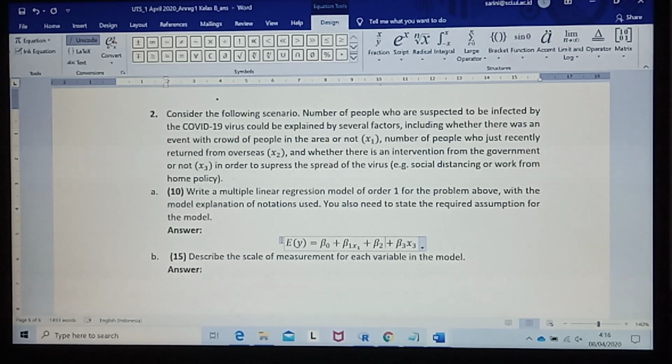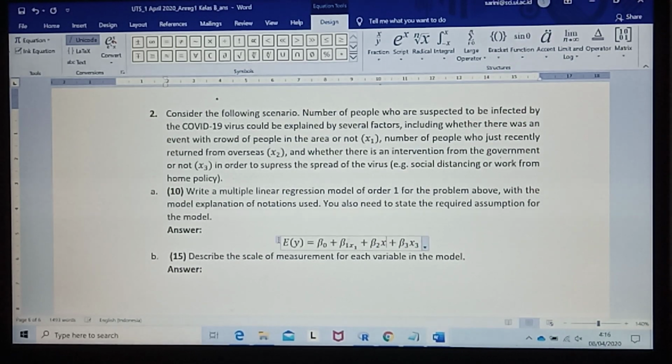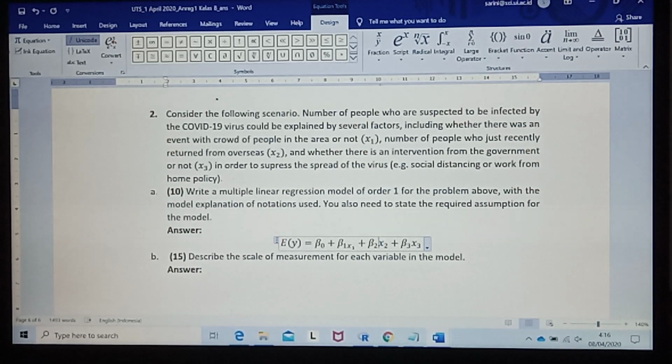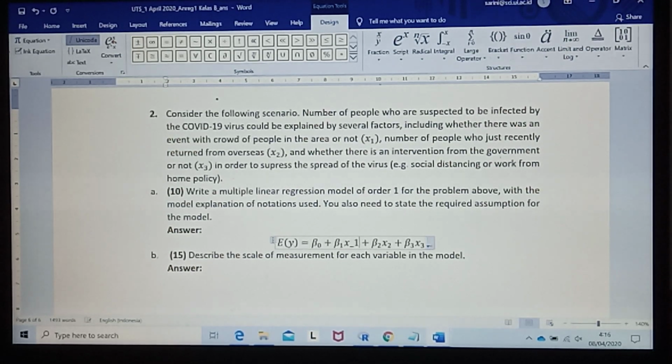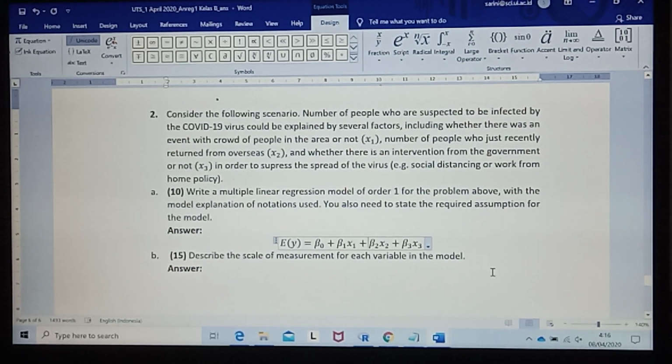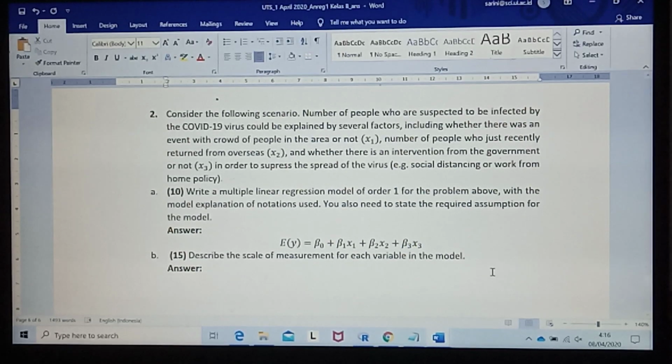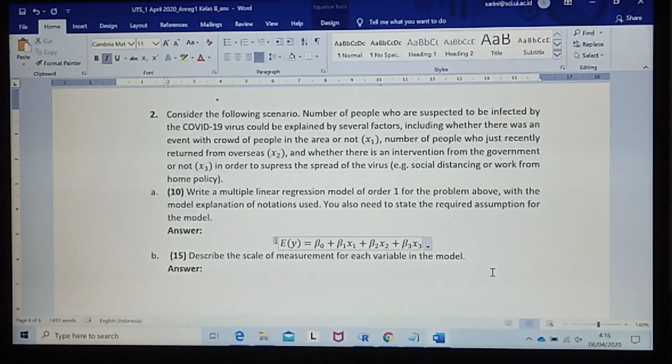Because we already put the expected y, there is no error.